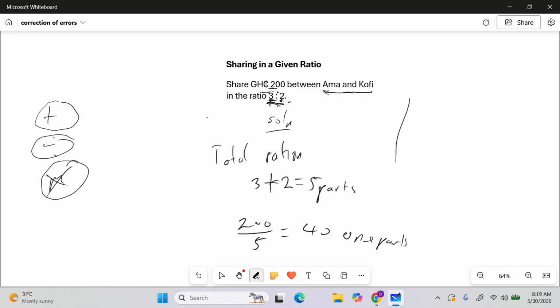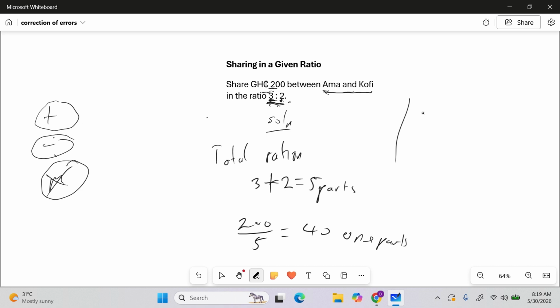Ama is taking 3 parts of the money, and Kofi is taking 2 parts. So if I'm giving, I will give 40 cedis 3 times to Ama, then I'll give 40 cedis 2 times to Kofi. Then I'm done with the sharing.